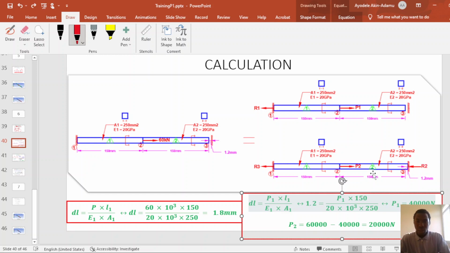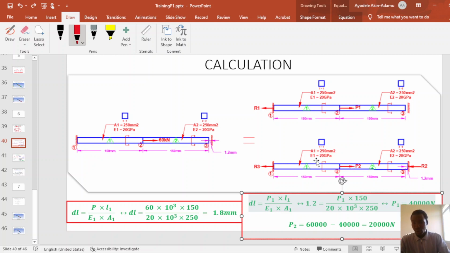So what we need to do now is determine our reaction values. For P1, the reaction value is simple. The reaction value R1 is 40 kilonewton. By summation of forces in the x direction, R1 equals P1. But for the second case, we cannot determine R3 and R2 easily. We need to use some compatibility formula.